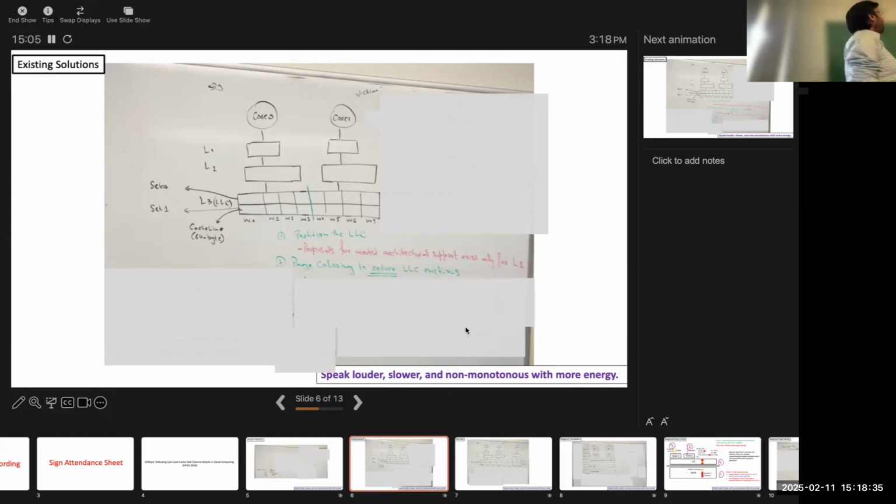Okay. So the second option is that you can do page coloring to reduce the LLC evictions. I will explain what page coloring is and how it works, what the motivation was, what the problem is which it solves. But the basic motivation of page coloring is that you want to reduce the LLC evictions.